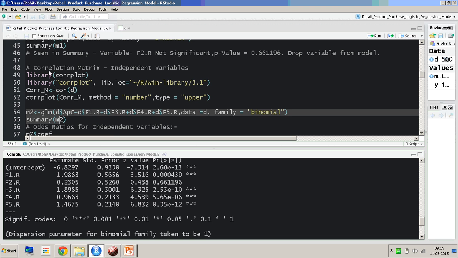But before we go and create the next model, let's create a correlation matrix for all of the independent variables. Just to understand, there is a lot of confusion amongst folks who are just starting to understand some of these things, or the layman perspective, that a high value of correlation also usually means causation.